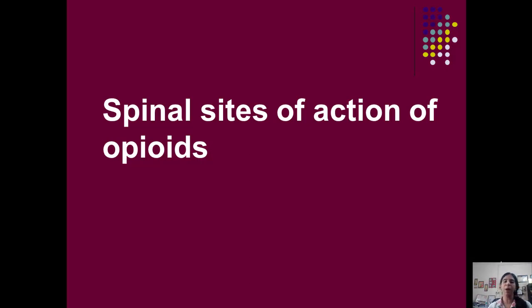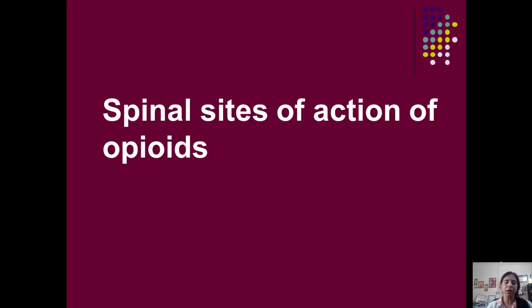So coming to the spinal sites of action of opioids, in the last session I dealt with the classification of the opioids based on the source of their origin, classifying them into natural, semi-synthetic, and of course synthetic ones. Then I also told something about the endogenous opioid peptides, which are very, very important and are naturally released in the body.